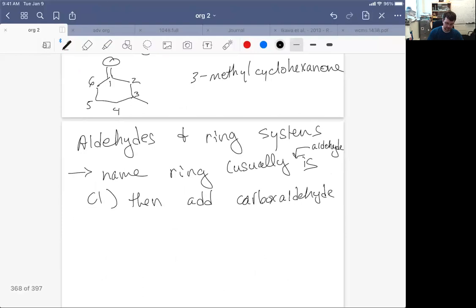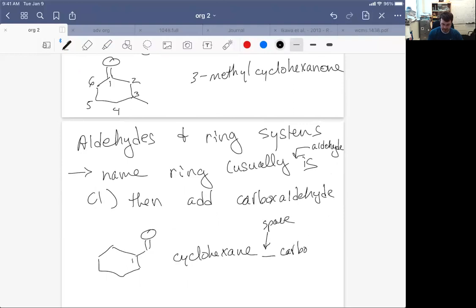Okay, so what does this look like? Well, we have this molecule, all right? We have carbon 1 here. We don't have any other substituents to worry about, but we call this cyclohexane carboxaldehyde. Okay, that's a little sloppy. Let me just bring this down here.